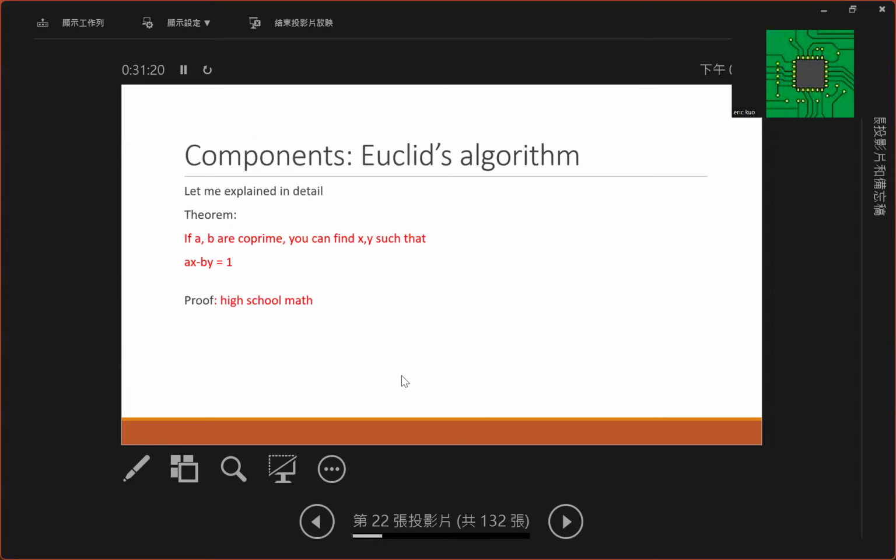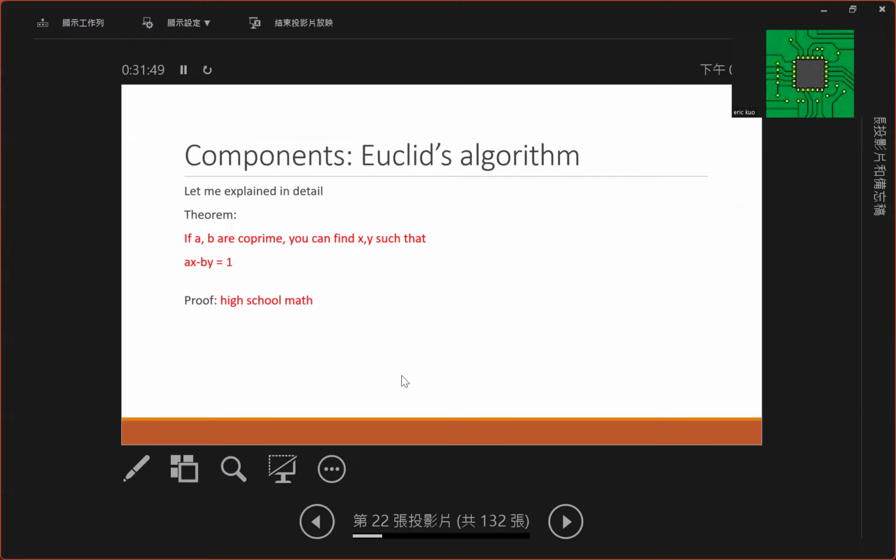One component which you probably don't know, but people already knew about 1,000 years ago, is the famous Euclidean algorithm. Basically, this theory says that if you give me two numbers which are coprime to each other, you can always find x and y such that ax minus by is 1.